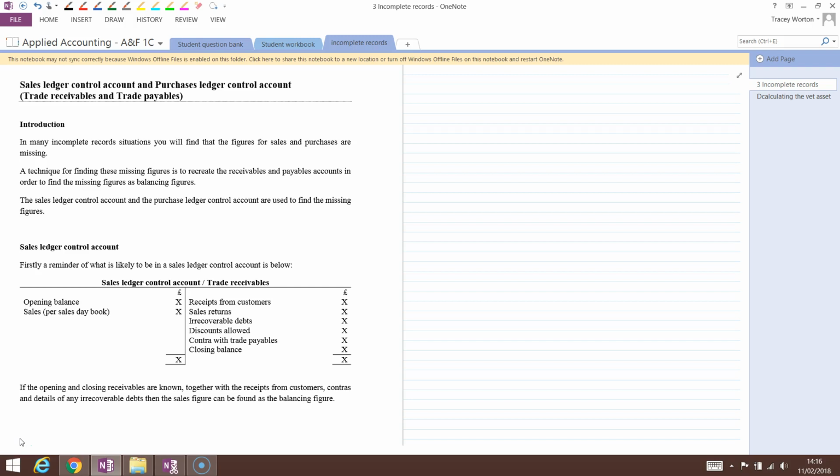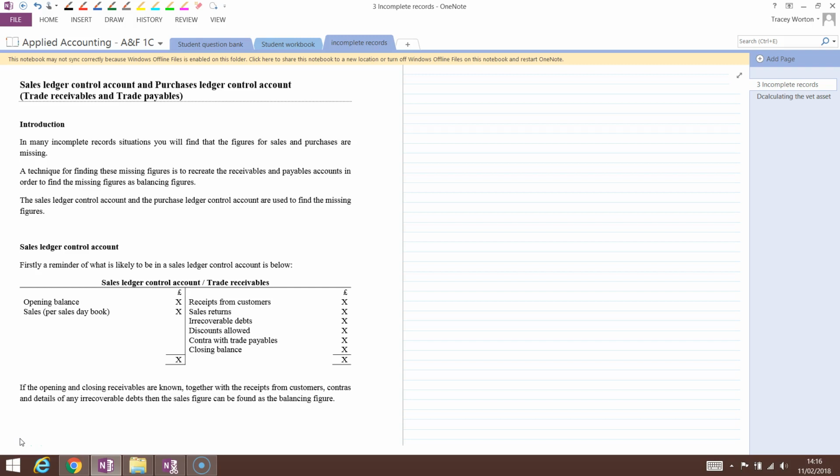So if we have a look below, you can see what a sales ledger control account's entries might consist of. We've got sales coming in from the sales day book, so that would have been a credit to the sales account and a debit here to the trade receivables or sales ledger control. When the customer pays us, this will reduce the amount outstanding, so it will be a credit for any money received.